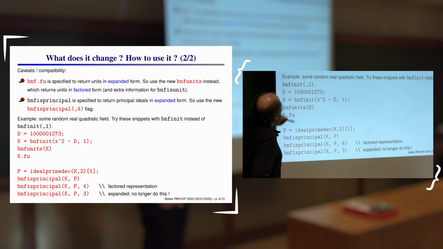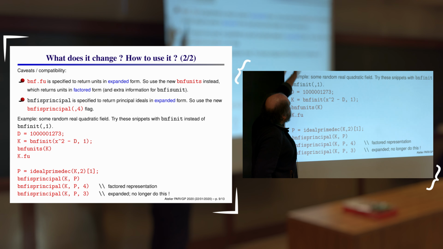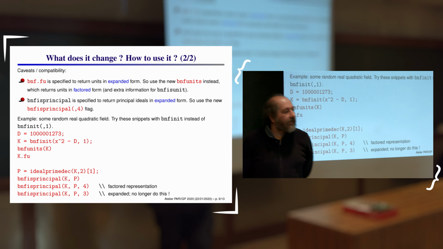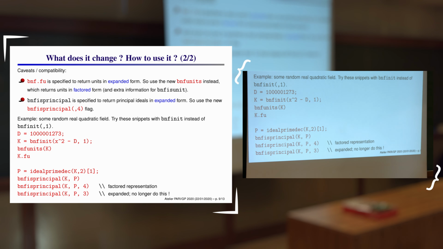So we have some example here. So this is the first caveat. Beware of BNF.foo. The second one is bnfisprincipal, the function that actually computes a discrete log in the class group.